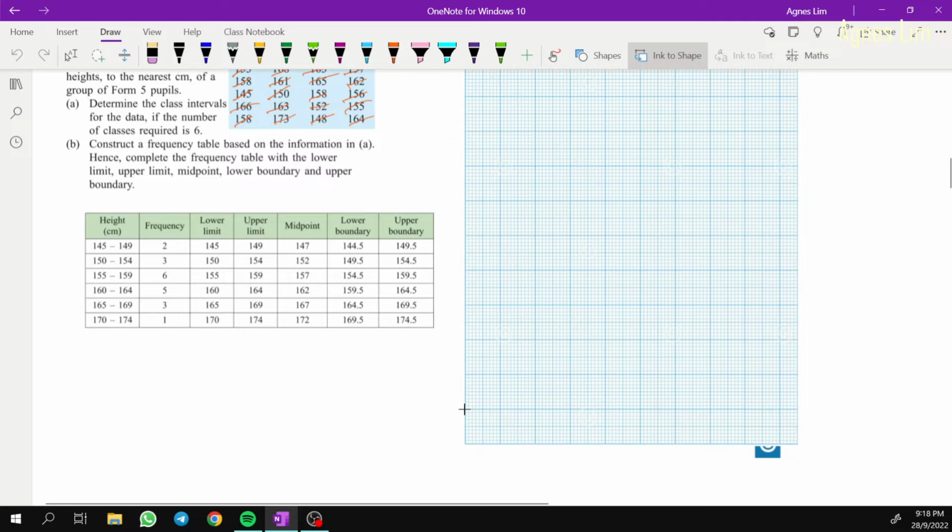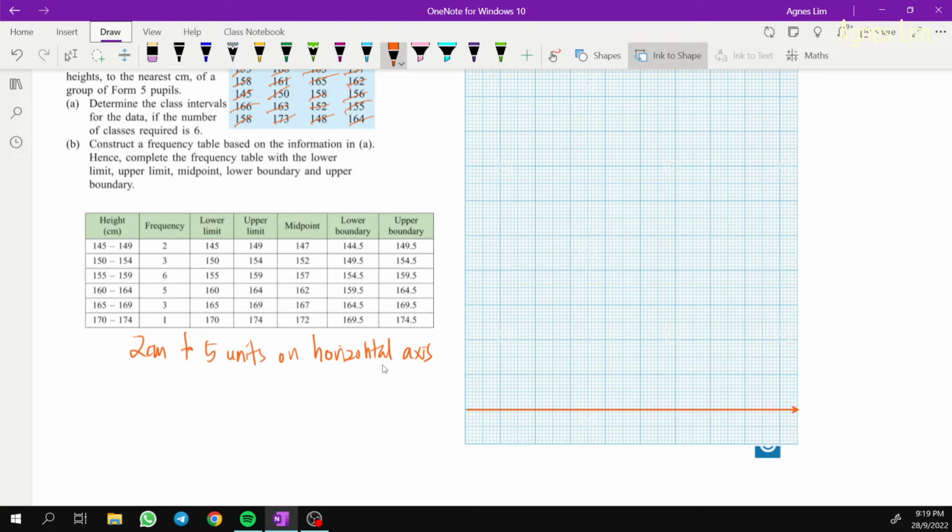Alright, so let's do our x-axis. For this one, we're going to use the same scale, so 2 centimeter to 5 units. They don't always write x-axis, sometimes they may write horizontal axis.